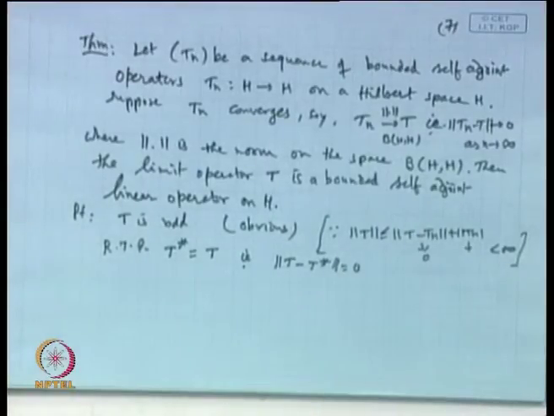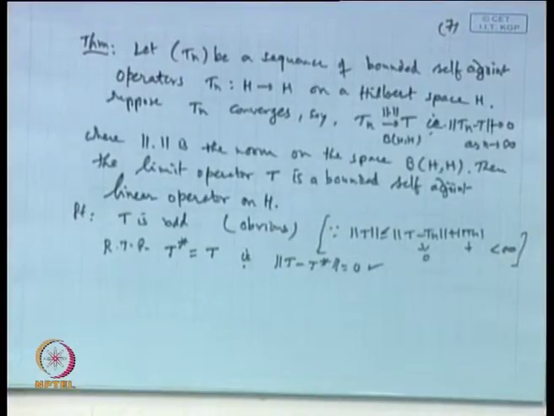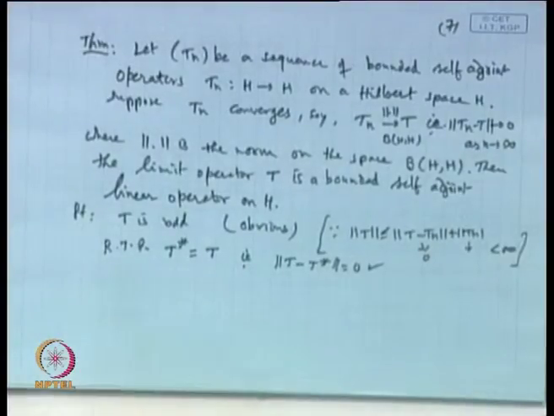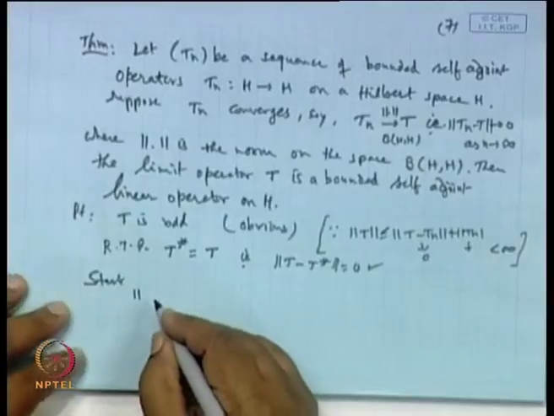So, instead of showing this directly, I will prove this, which is easy because the sequences are converging in the norm. So, we will use the norm for this. Is it okay? Fine. So, start with this: norm of T minus T star.